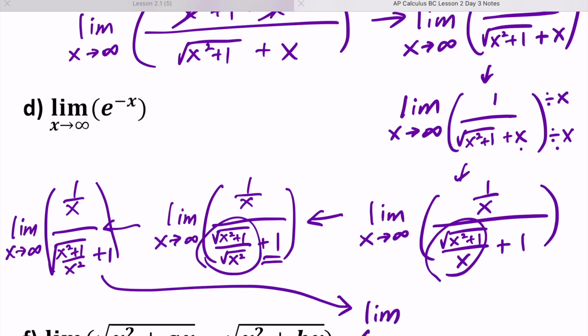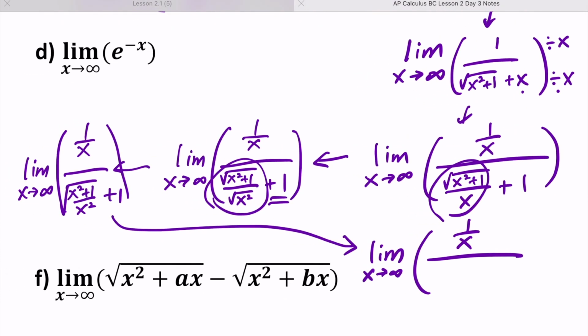So limits as x approaches infinity of the 1 over x all over the square root of x squared plus 1 over x squared. I could rewrite that again as x squared over x squared plus the 1 over x squared.